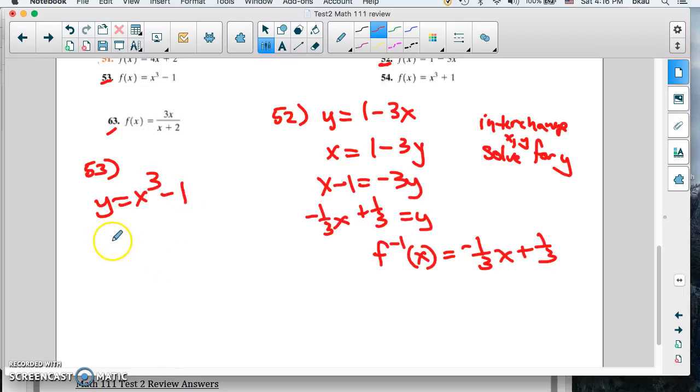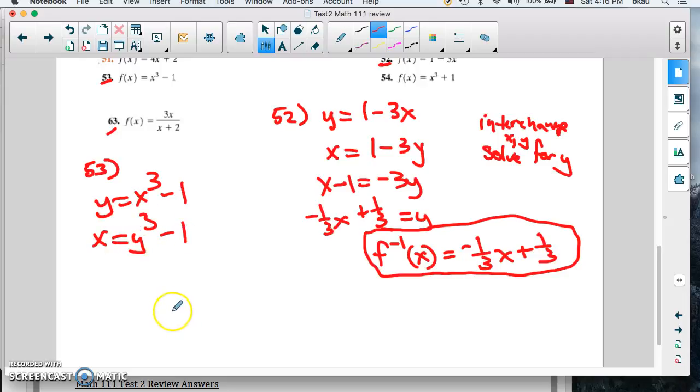So interchange x and y. So x equals y cubed minus 1. Solve for y. So we add 1. And we need to get rid of the cube, so we're going to take the cube root of both sides.